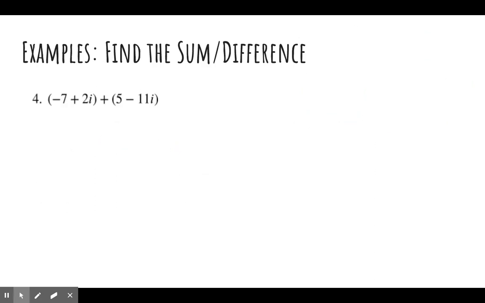Let's look at some examples of finding the sum or difference of complex numbers. So we have the example negative 7 plus 2i. We're going to add that with the complex number 5 minus 11i. Well, here we will be able to line up our real and imaginary numbers from each of the complex numbers and just combine them like we combine like terms.